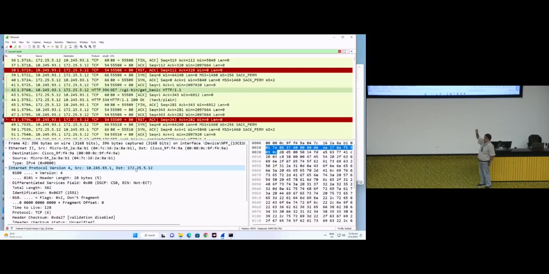Are these the same? Okay, so what is 172.25.5.12? Is the IP address of what? Of the final destination. If I'm going to Google, it's Google. What is the 00000C? What is that the MAC address of which network interface?